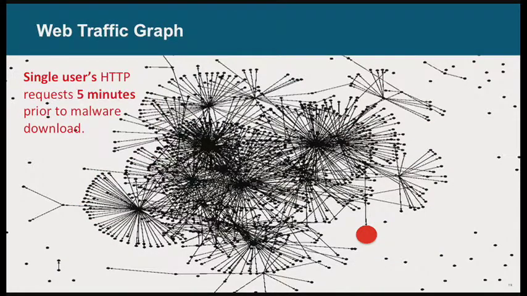Back to the graph I showed before, this is a web traffic graph. Web Witness constructs this. All Web Witness gets from that live network traffic are the actual dots, the individual HTTP transactions that were observed prior to that malicious download. It then goes through and constructs the source-of relationships between those nodes.